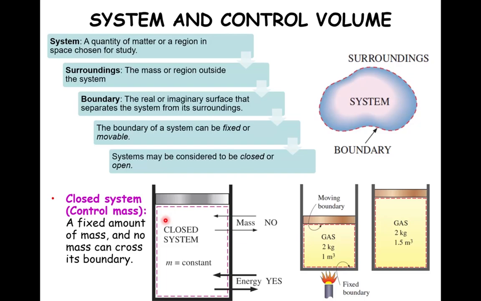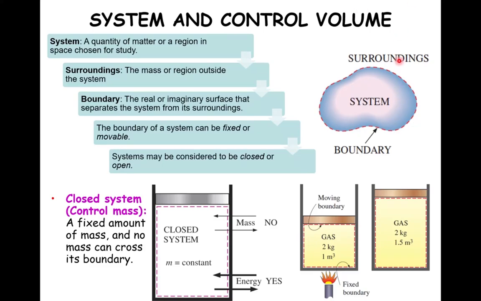System and control volume. What is a system? A system is a quantity of matter or a region in space chosen for a study. For example, if I consider this area, then this is called a system. We have its boundary, which is the broken line, and the surrounding area.